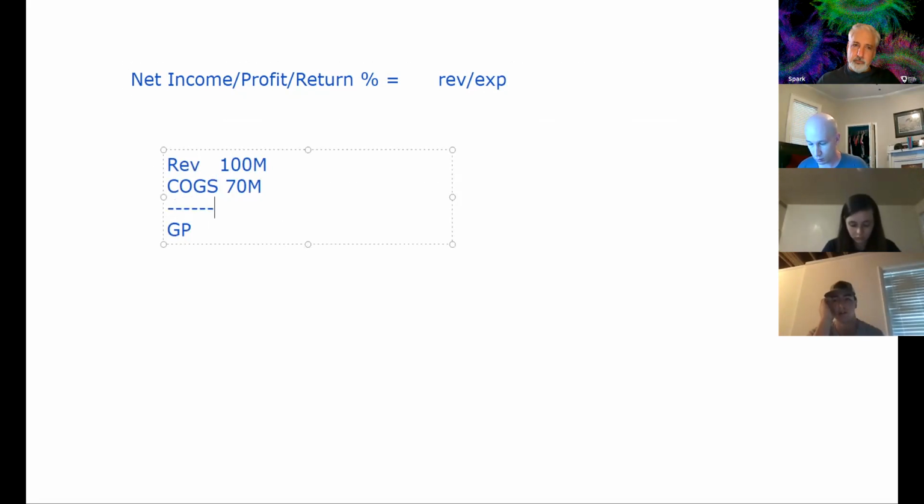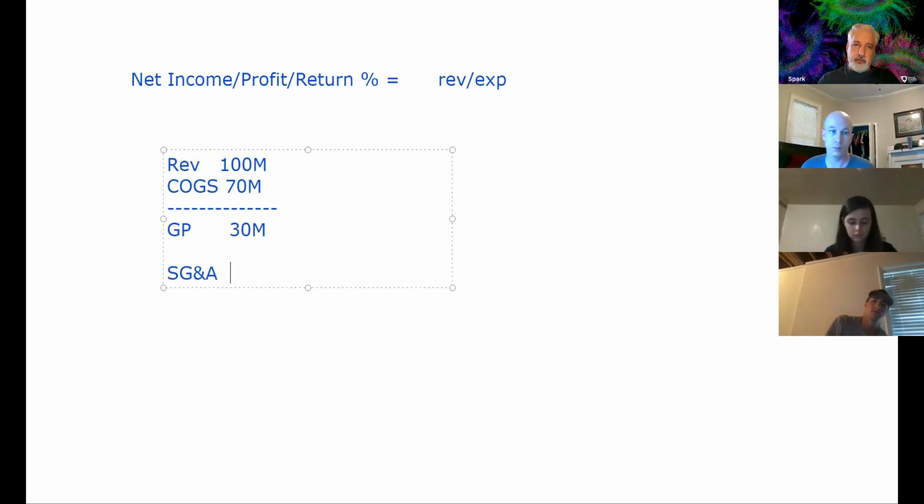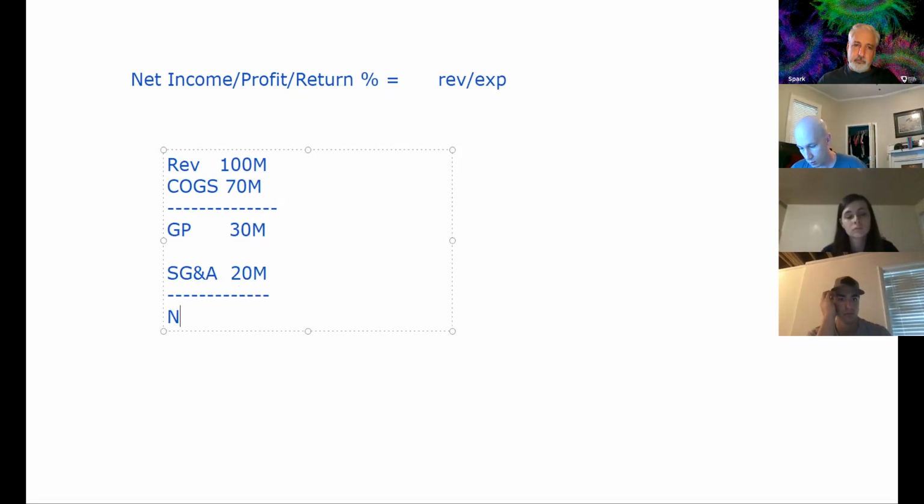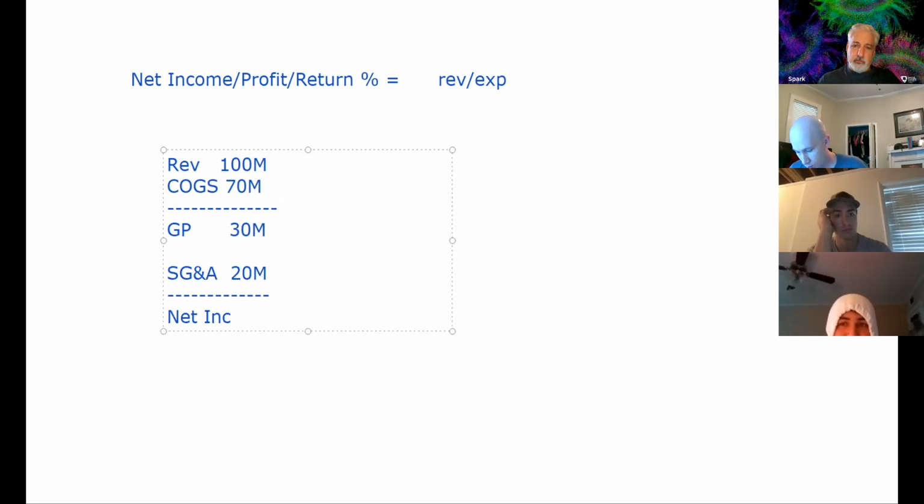Revenue minus cost of goods sold. Good. Give me a number. 30 mil. You got 30 million. I get SG&A, selling general administrative, of 20 mil. Who can tell me what the net income is? 10 million.